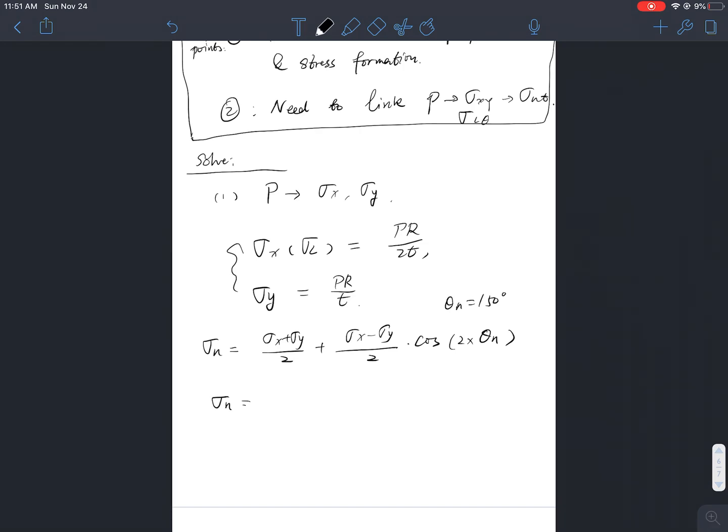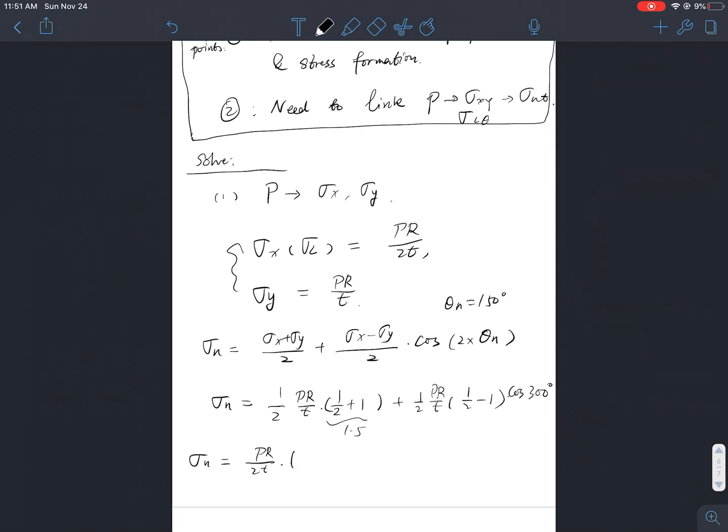So now sigma n equals half PR over T times 1 plus half PR over T times half minus 1. Sorry, if I follow the sequence precisely, this should be half plus 1, and cosine 300.